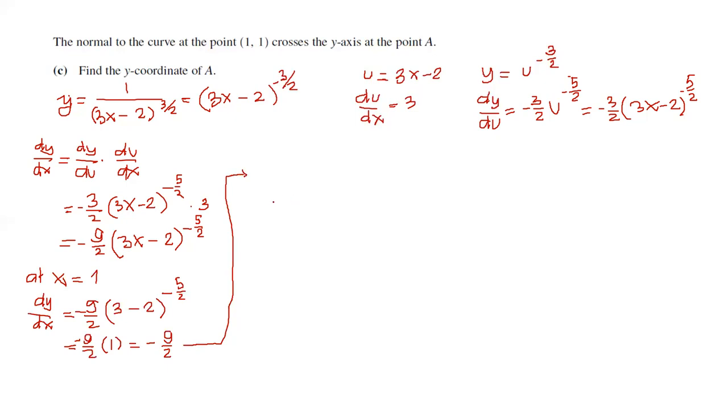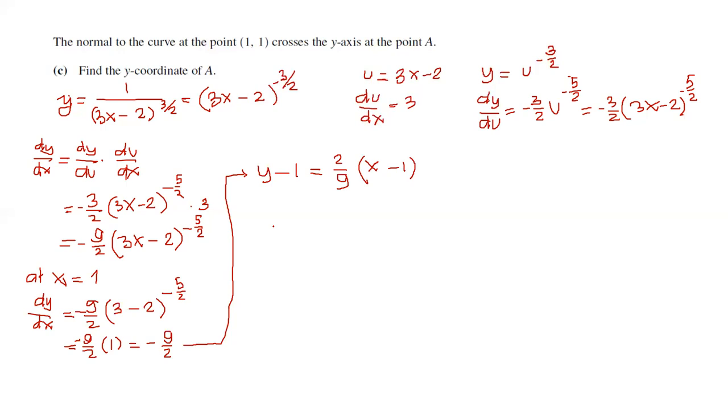Okay, the equation for the normal, like this: y minus 1, because it's (1, 1), y minus 1 equal to 2/9, so 2/9 times (x minus 1).